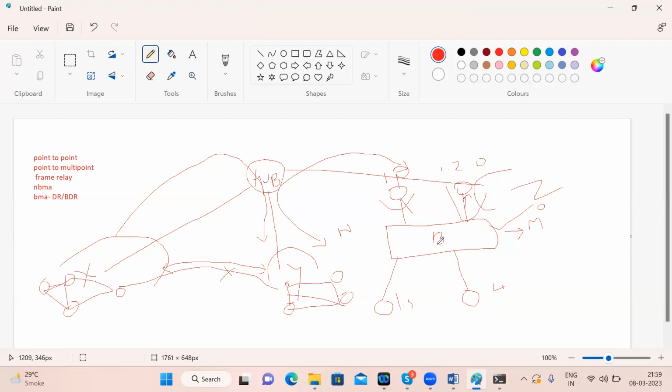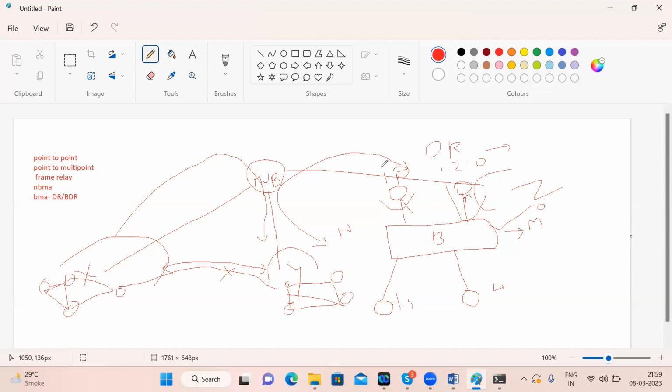In this topology where broadcasting is happening, to manage that broadcasting, they use the concept of DR and BDR. One router will be elected as a DR, and another will be elected as a BDR, the backup designated router, and all other routers are known as DR other routers.